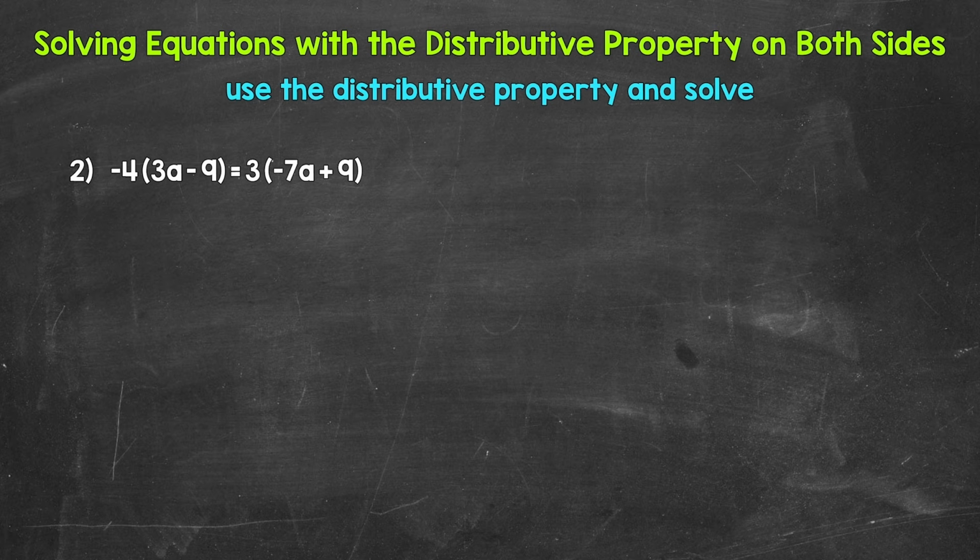On the left side, we need to distribute -4 to 3a and -9. Keep in mind, we are using the sign that is in front, so that's a -4 that we are distributing. On the right side, we need to distribute 3 to -7a and 9.